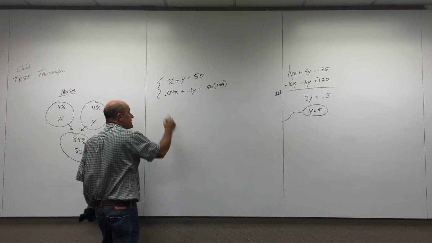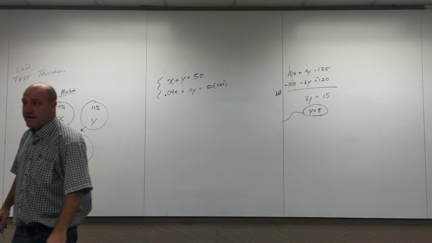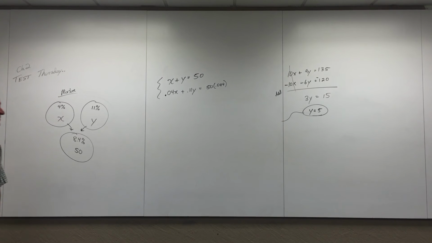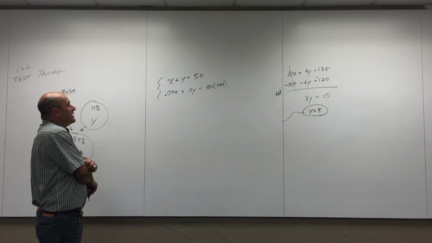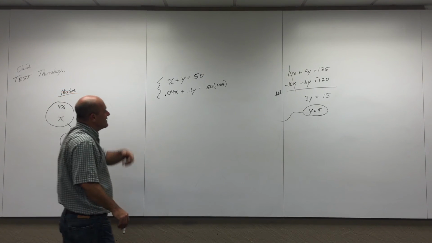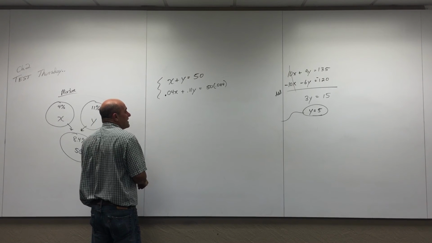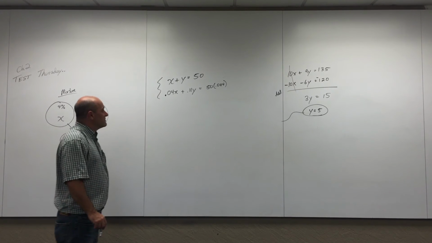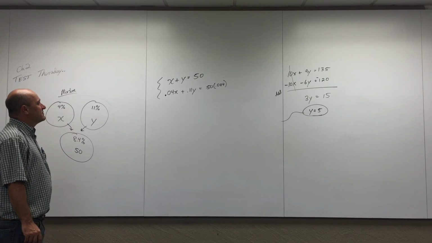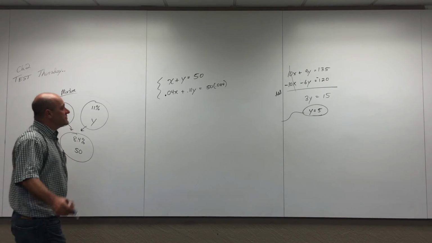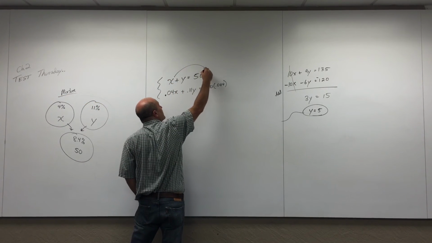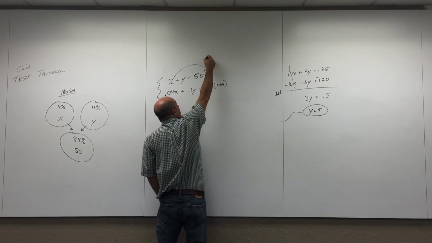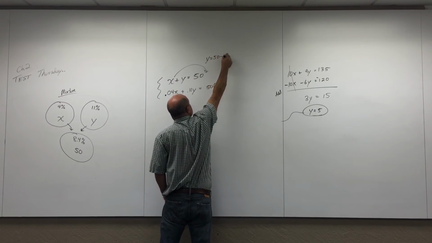So then you have a system of equations to solve. It may not be that pretty. The numbers could be nasty here. How would you solve this one? I would substitute. I would move this x over here and quickly realize that y equals 50 minus x.